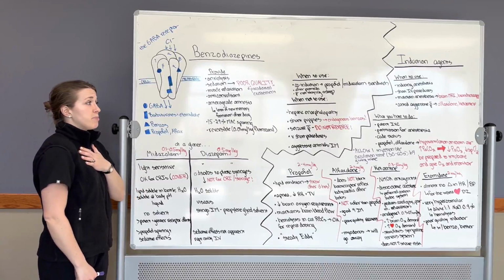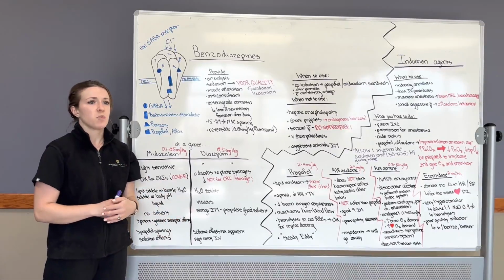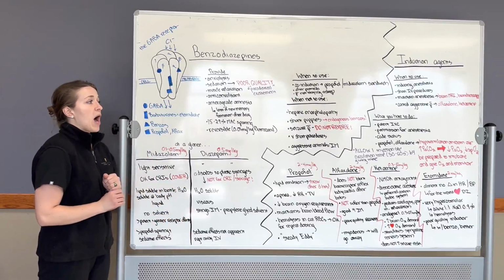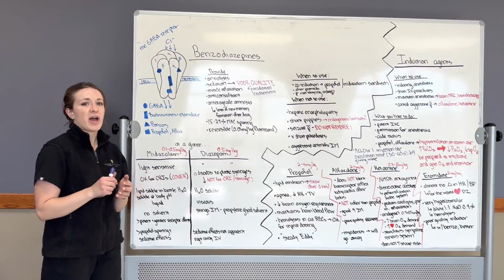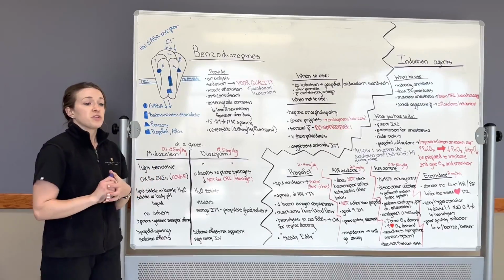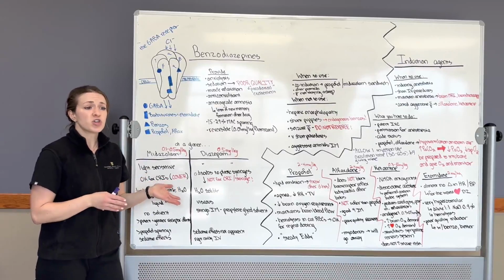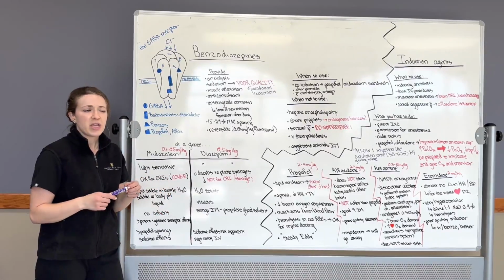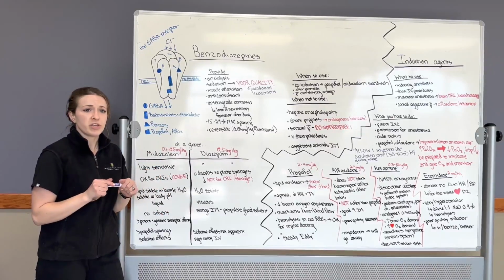I use midazolam and diazepam as co-induction agents with my drugs. So I will usually do something called a propofol midazolam or a propofol diazepam sandwich. And the way I like doing this is that I'll give some of my induction agent first and then my benzodiazepine. I like this because benzos decrease the amount of propofol that you need to give.